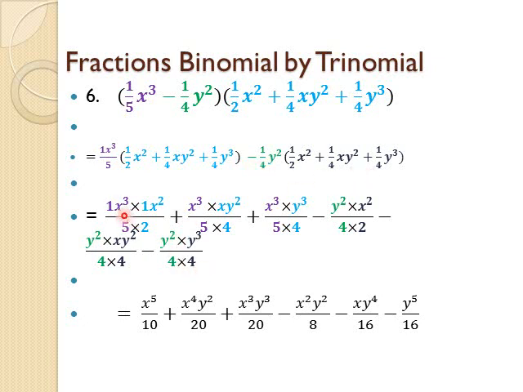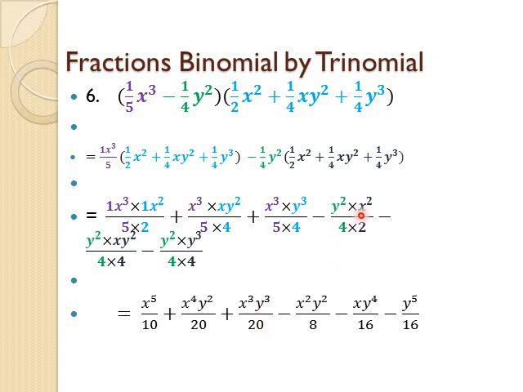Now I've simplified x cubed times x squared, bases are the same, 3 plus 2 would give me x to the power 5. 5 times 2, 10. X cubed times x becomes x to the power 4, y squared over 20. X cubed times y cubed, 5 times 4, 20.